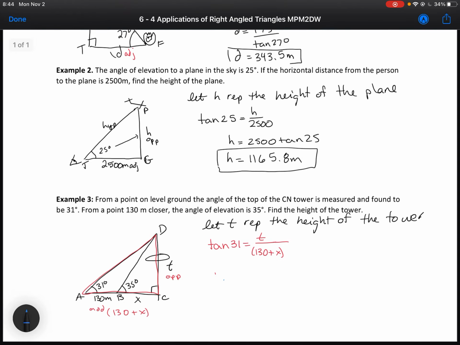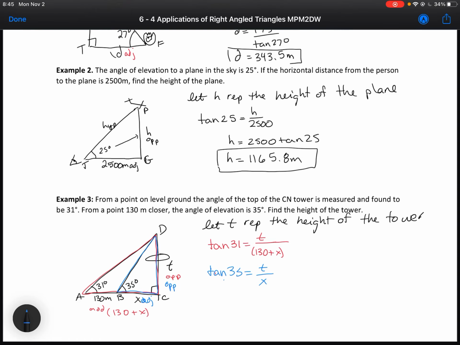Great. Now I'm going to use my smaller triangle and write another tan ratio. My T is still my opposite, and now I've got x as my adjacent here. So I also know that tan 35 is equal to T over x.